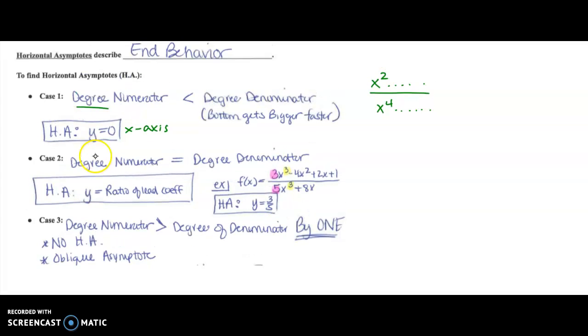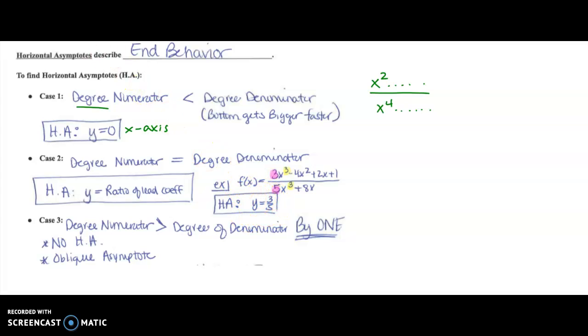The second case is if the degrees are the same. We gave you an example here with degree 3, then the horizontal asymptote is at the ratio of the leading coefficients. Because this is 3 over 5, the horizontal asymptote is at 3/5.